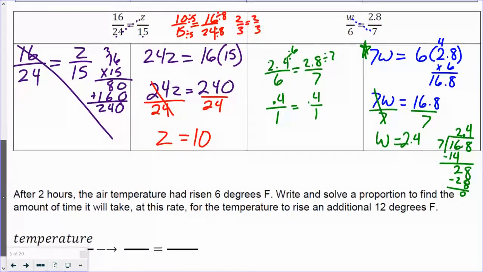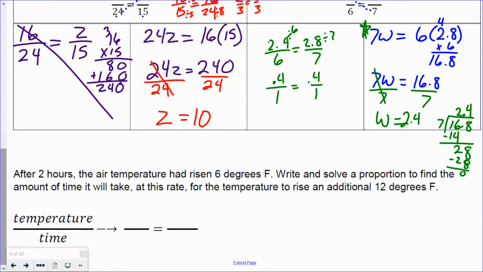Okay, so after 2 hours, the air temperature has risen 6 degrees Fahrenheit. Write and solve a proportion to find out the time it will take at this rate for the temperature to rise an additional 12 degrees.